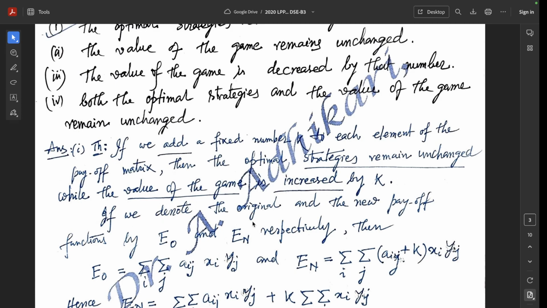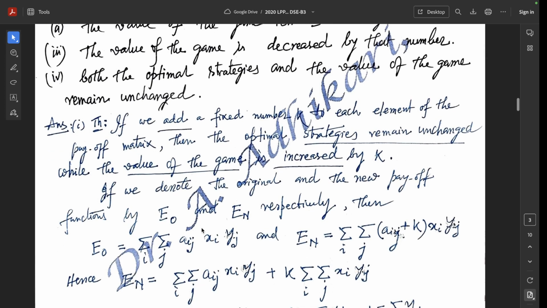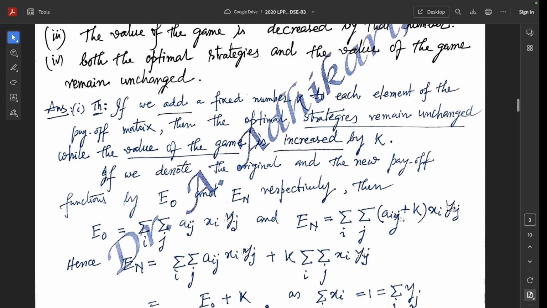So if we denote the original and the new payoff functions by E O and E N for old and new respectively, then E O is the double summation over i and j, aij, xi and yj, and E N is the double summation over i and j, aij plus k, xi, yj.